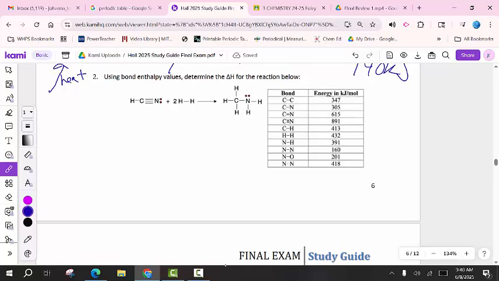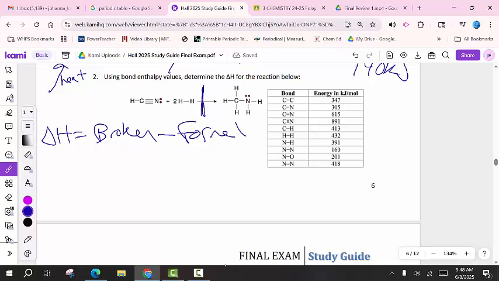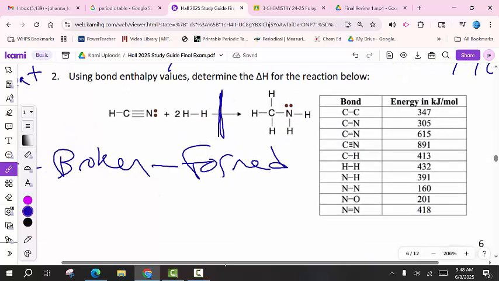Okay, this problem here is where we looked at bond energies to figure out the delta H. And when we go to do this, the delta H is always the bonds broken, which is what happens on the left side, minus the bonds formed, which happens on the right side. So a good strategy is to just write out the numbers for each of the bonds.